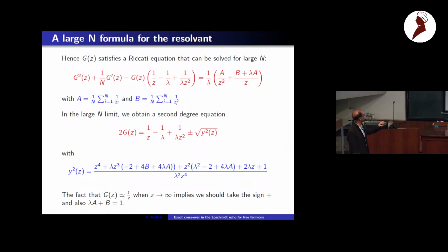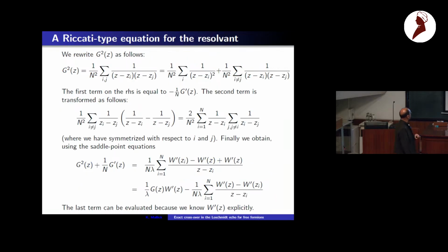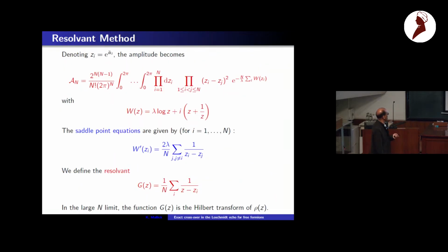In the large n limit, you can drop this term. This becomes just a second-order polynomial in j, and you can compute j exactly just by solving second-order equations. Okay? So you have determined this resolvent up to some factors, which are quite tricky, but you can compute them.